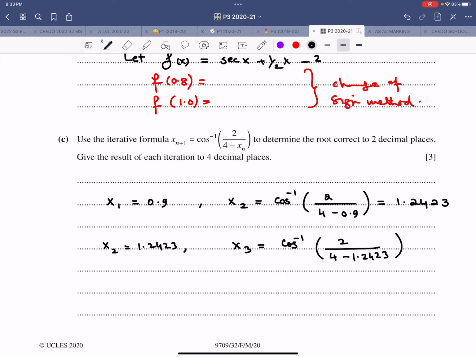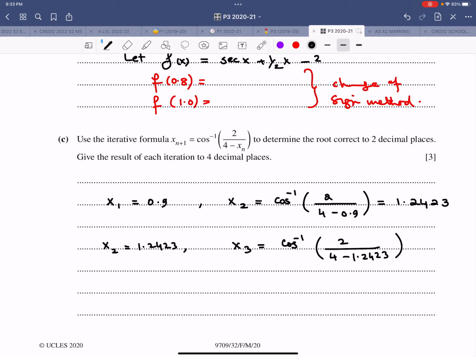I think I made a small error. Hold for a second. 4 minus 1.2423, and this comes out to be 2.7577.